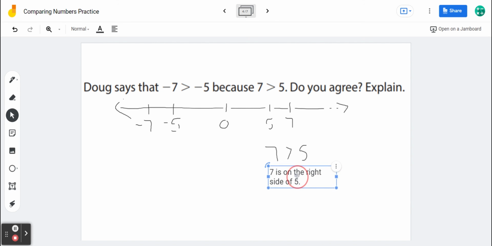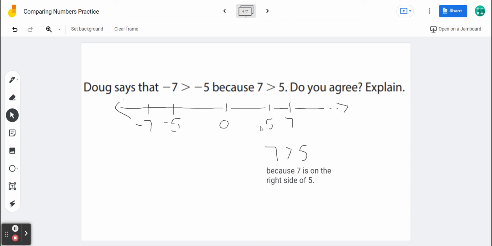That's why this is a true statement. Any number to the right is always greater than the number to the left. 7 is bigger than 5. If I put another number over here, 10, 10 is bigger than 5. Why? Because 10 is on the right side.